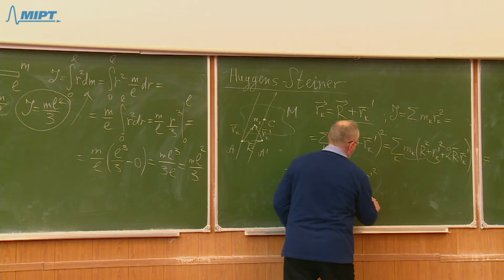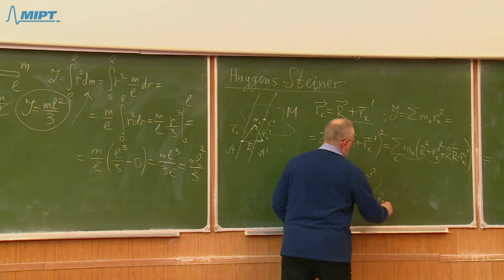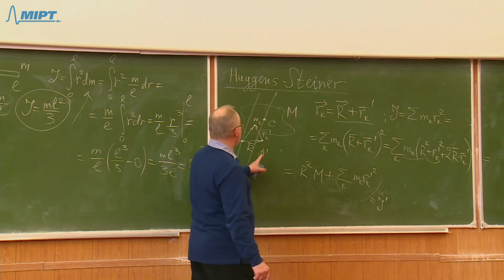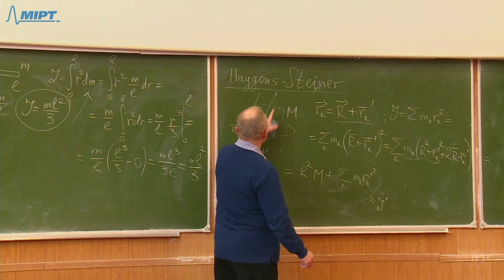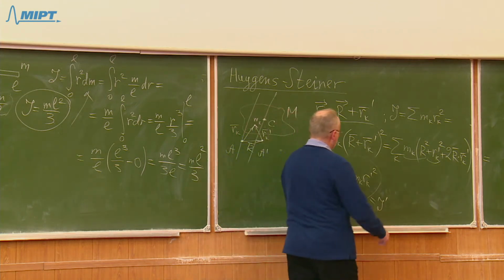This term is obviously, by definition, a moment of inertia I prime with respect to some axis going through point A prime.